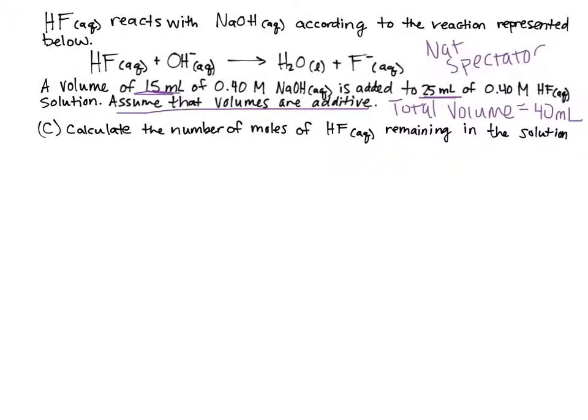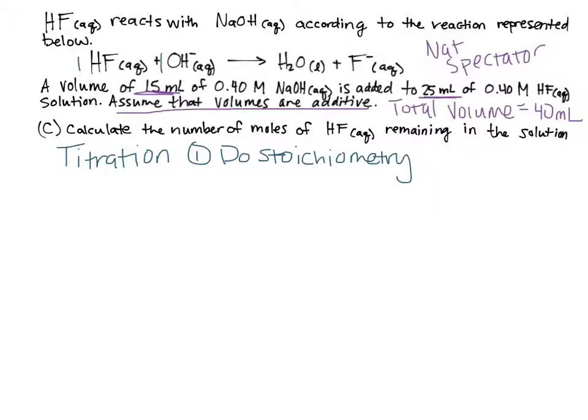So basically, I have a titration happening here. For all titration problems, you're going to want to first, number one, do a stoichiometry. And you're probably going to have a limiting reactant, considering it's a 1-to-1 ratio in our chemical equation, and you're adding 15 milliliters of 0.4 and 25 milliliters of 0.4.